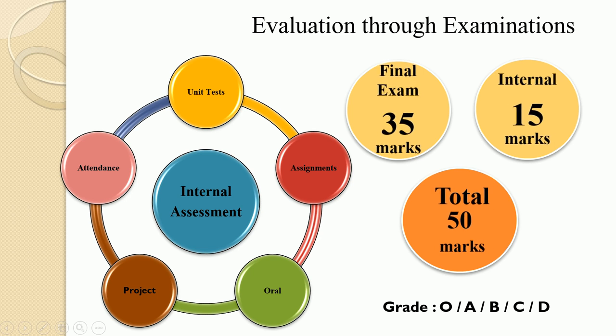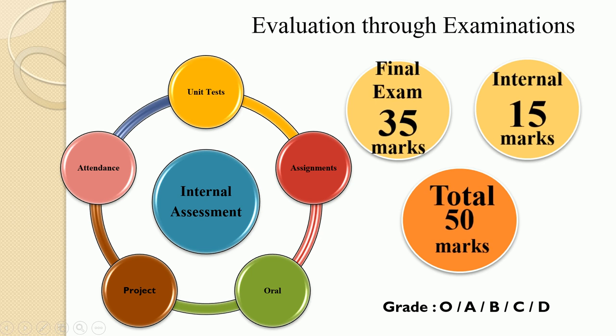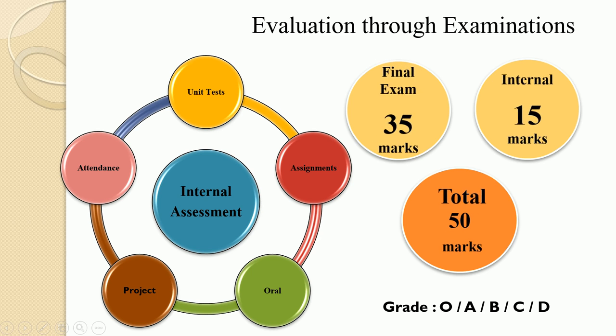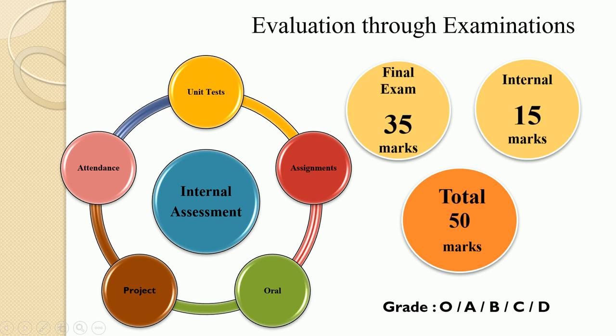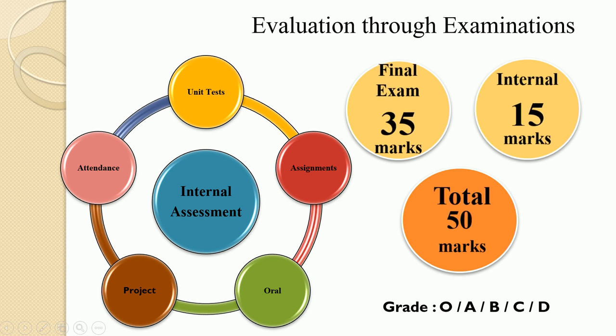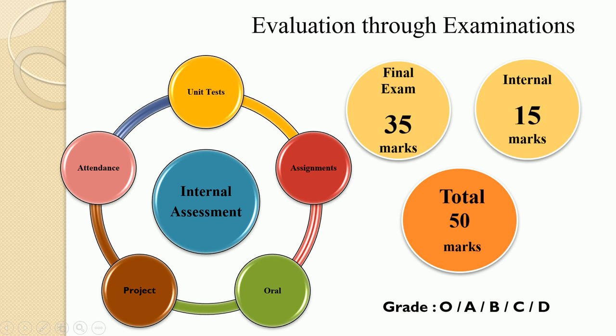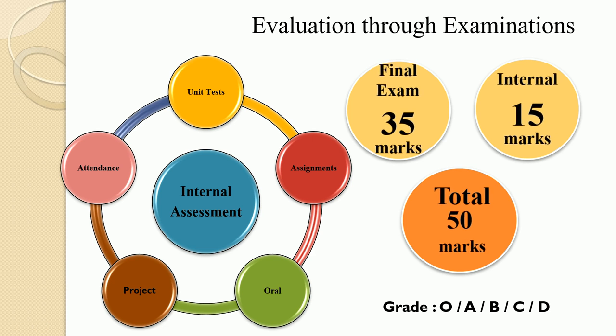Using these tools, we are going to assess you for the internal examination, that is the 15 marks. At the end of this semester, a theory examination of 35 marks will be conducted, so that you have a total weightage of 50 marks for this subject, and these marks can be converted into grades O, A, B, C and D. So remember, this is a compulsory course.